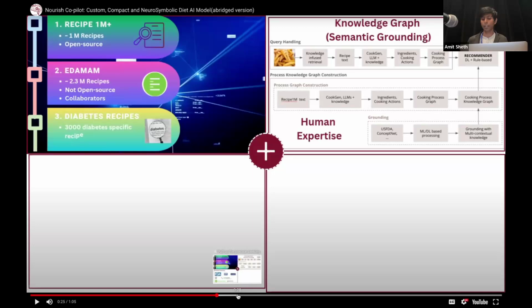In addition to the ingredients and other declarative aspects of the recipe. Now, combined, both the process aspect and the declarative aspects give you a semantic picture of the recipe that your neurosymbolic reasoner can then use. Right? The human expertise in this case comes from well-known nutrition databases. And so we also use that as part of the neurosymbolic reasoner to ground the reasoning in optimal outcomes.